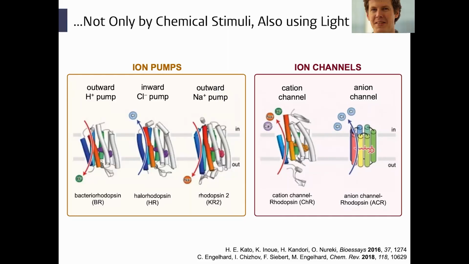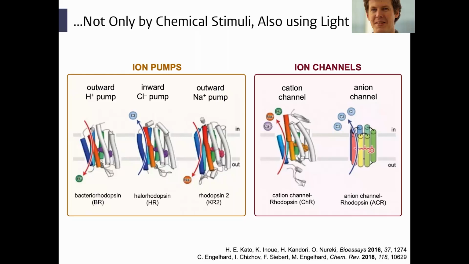And this can open and close channels. And maybe more interestingly, they can also be used to create concentration gradients. I think that's very interesting because in that way, you're converting light energy into a concentration gradient across a membrane, which you could regard as an energy reservoir.